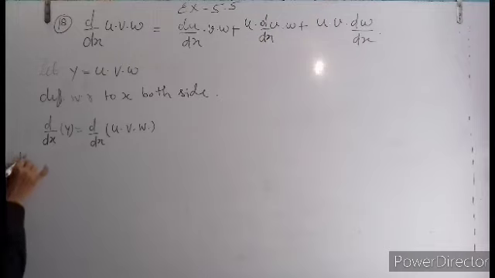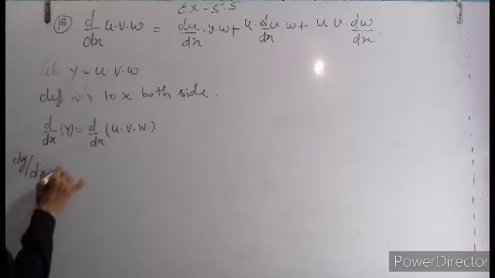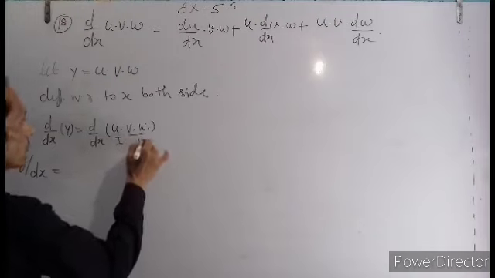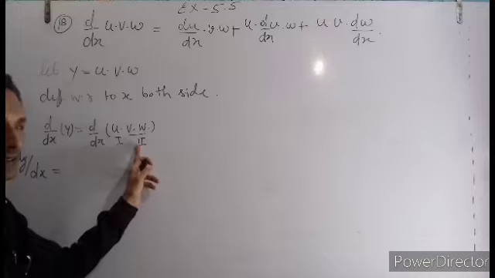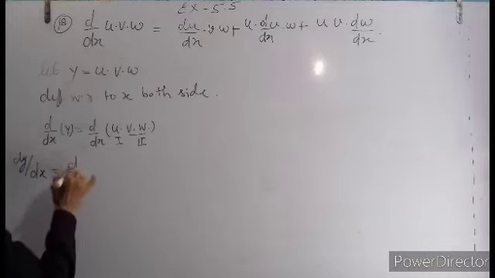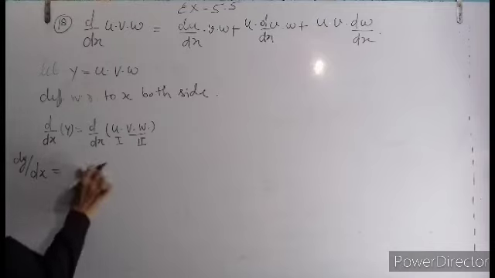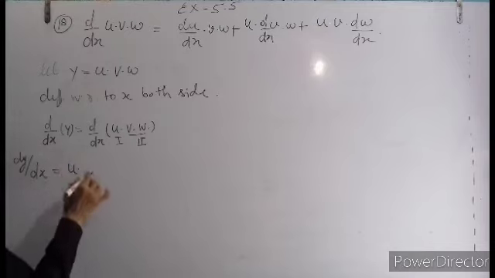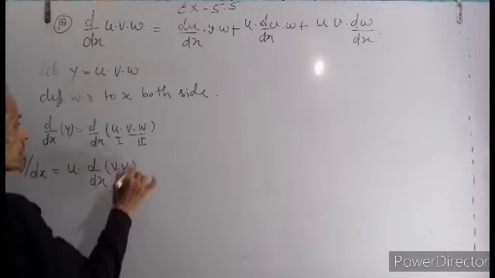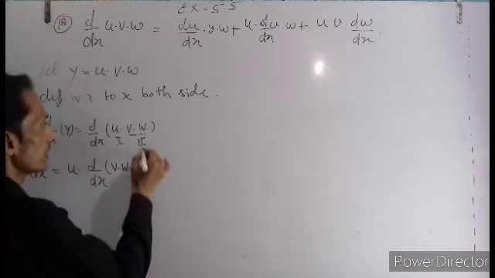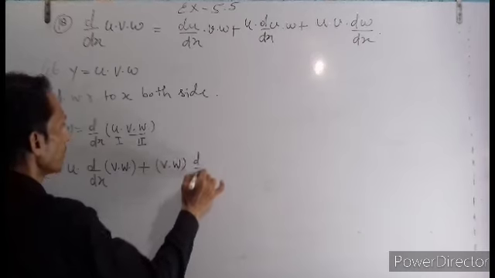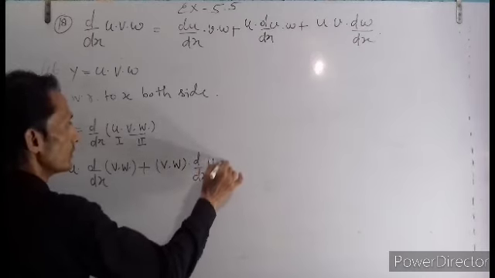That is dy by dx equal to, use first and second function. That is the first function and that is the second function. So first we do using the product rule: first as it is into d by dx of v into w, plus second as it is, v into w into derivative of u.